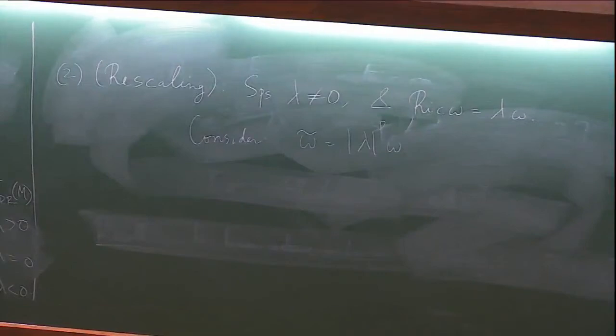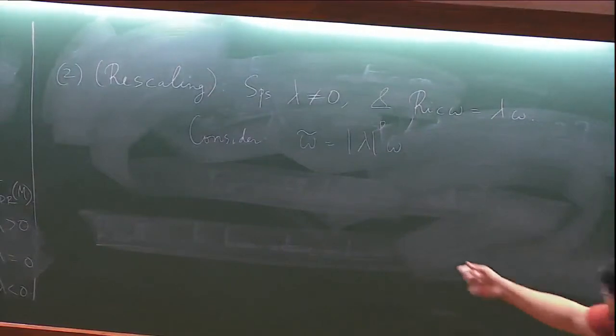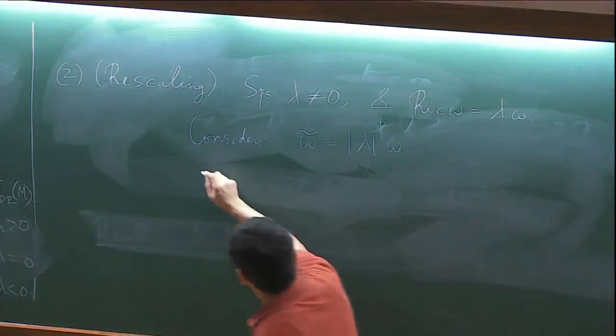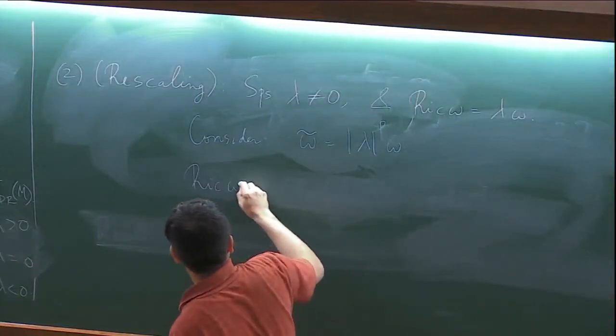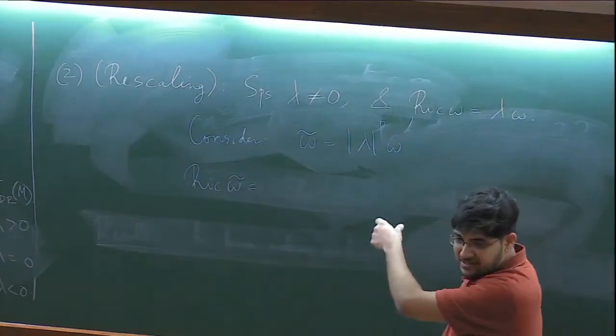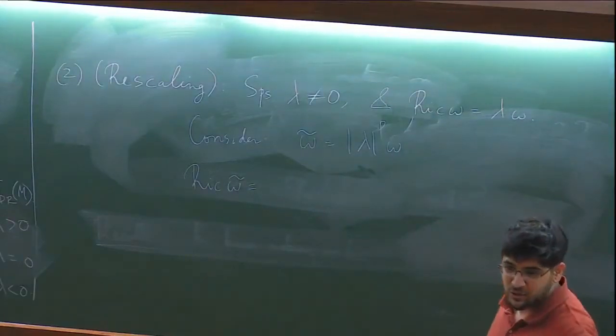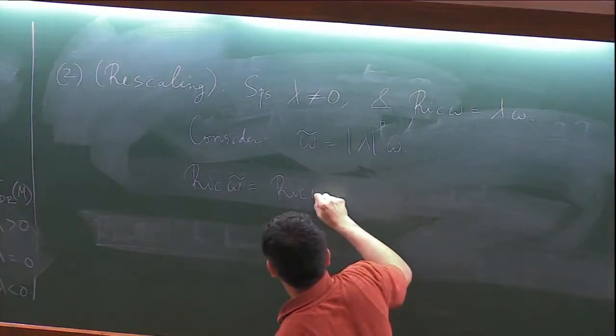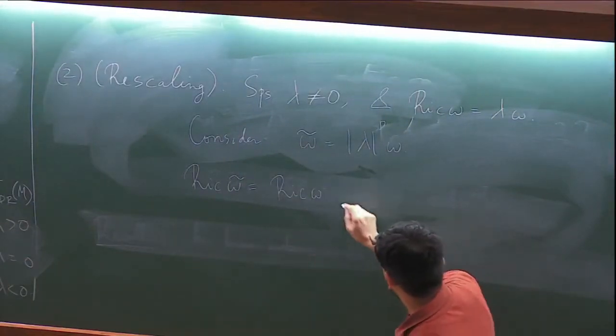This is again going to be a Kähler metric because you're scaling by some positive factor. If you calculate the Ricci, because the Ricci has a log, multiplying by a scalar, once you take d d-bar, that's anyway going to be killed. So the Ricci is going to be the same as earlier.